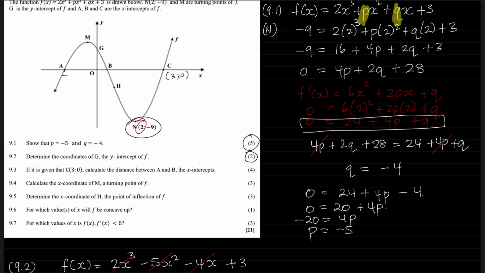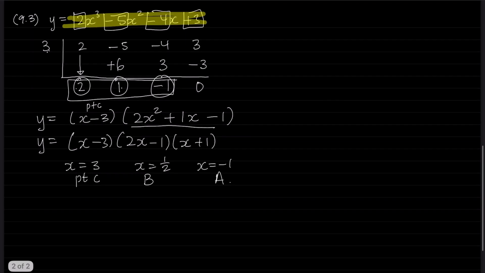This has a point of -1. This has a point of half. If they want to know the distance from here to here, the distance is going to be 1.5 units. So from A to B is 1.5 units.